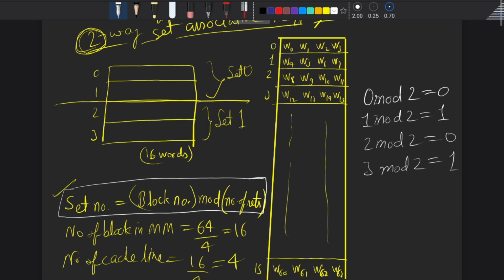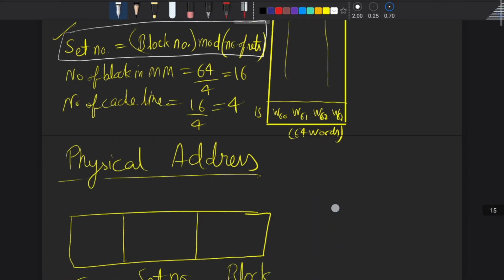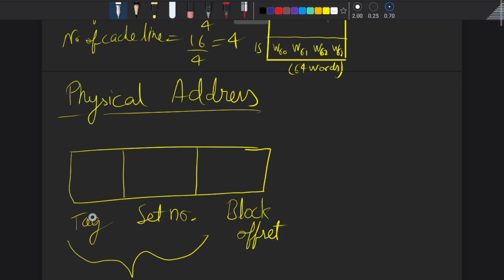Now let's look at how the physical address looks. Here the physical address is divided into three parts as it used to be in direct mapping, but here the middle part is not called cache line bits, it is called set number.